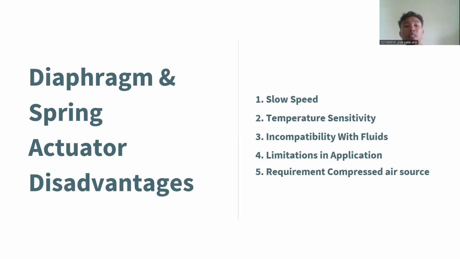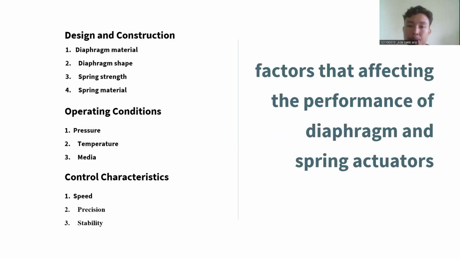Next are the diaphragm and spring actuator disadvantages. There are five. Number one is slow speed. Number two, temperature sensitivity, incompatibility with fluid, limitation in application, and the last is the requirement of a compressed air source.